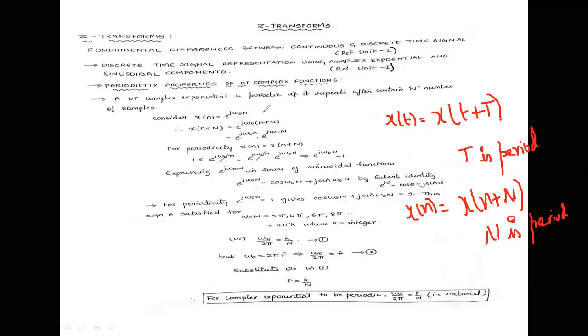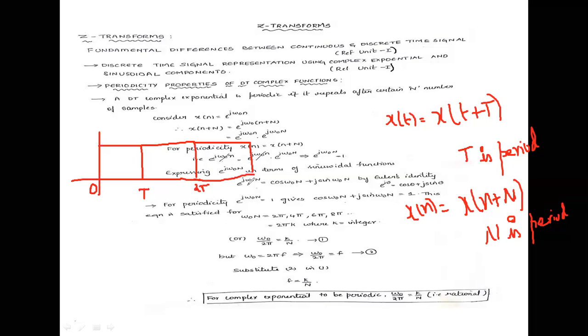A discrete time complex exponential is periodic if it repeats after a certain number of samples. Periodicity means it repeats after, suppose the waveform looks like this from 0 to T. Again, it is repeated from 0 to 2T and 0 to 3T.